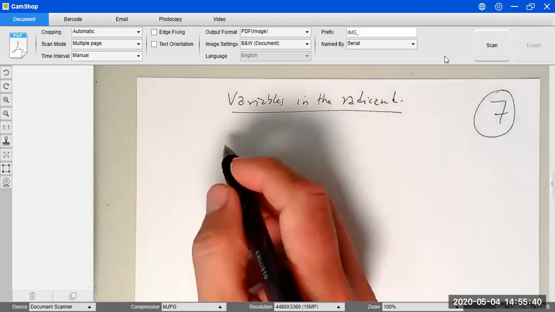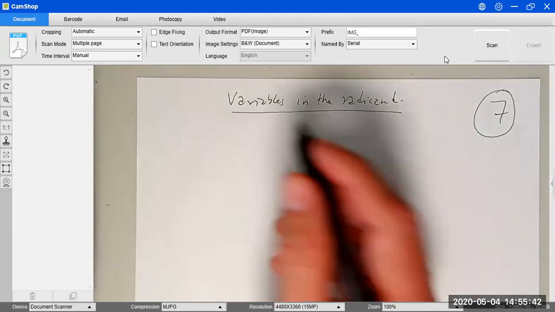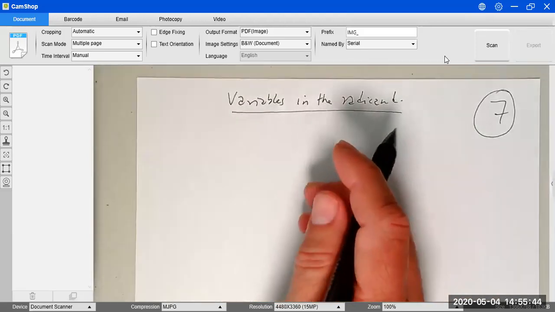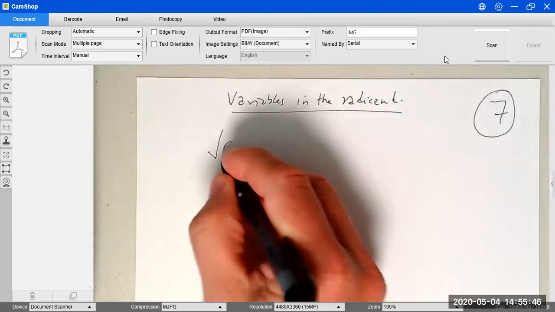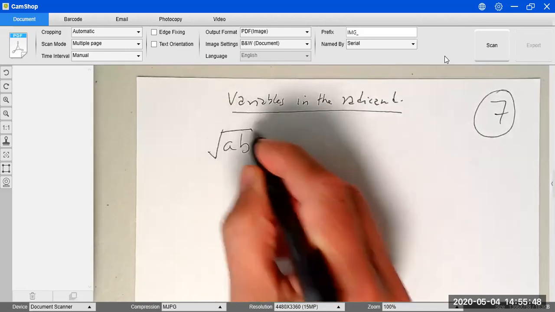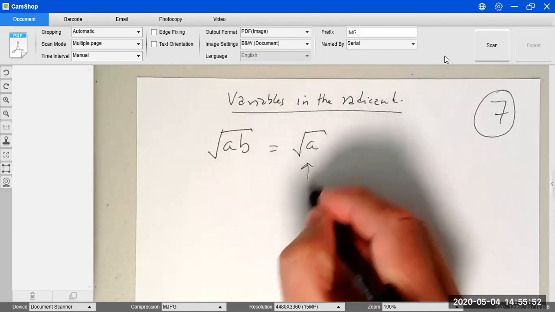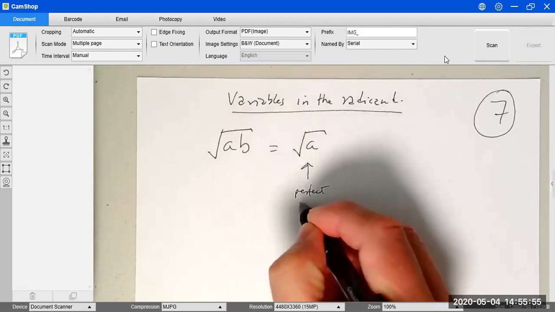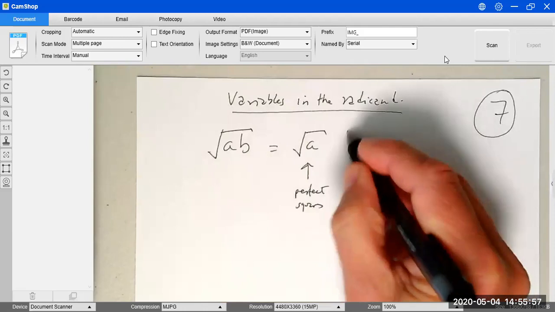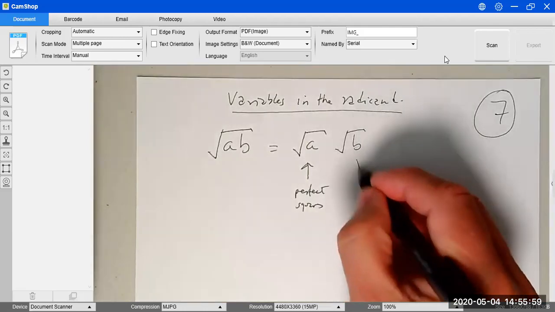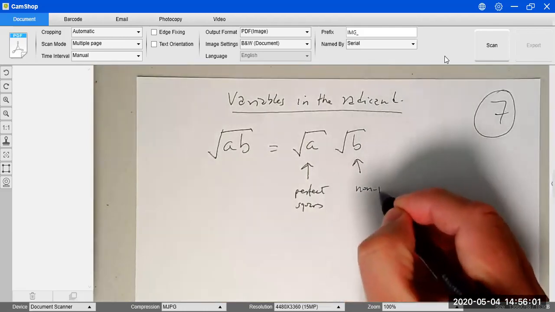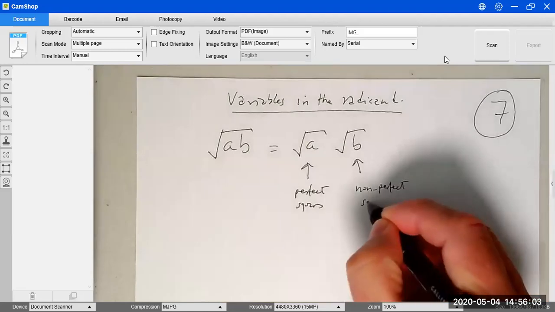So when we have variables in the radicand, we're going to do the same thing. Sometimes we need to split the radicand into parts. One part is going to contain perfect squares, and the other part is going to contain the non-perfect squares.